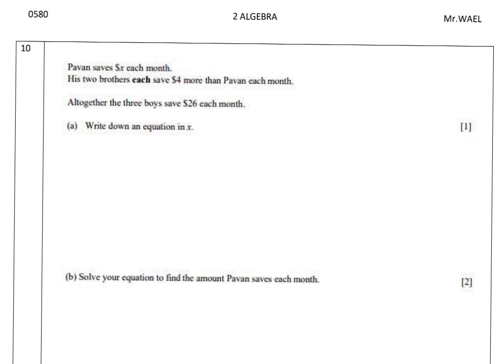Sir, I got 26 equals X plus 2 open brackets X. So how to get? Can you explain? So Pavan, okay, X. So each of his two brothers equals what?